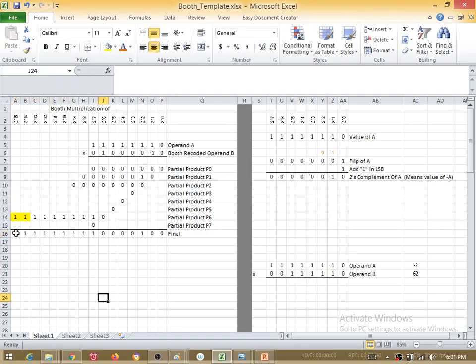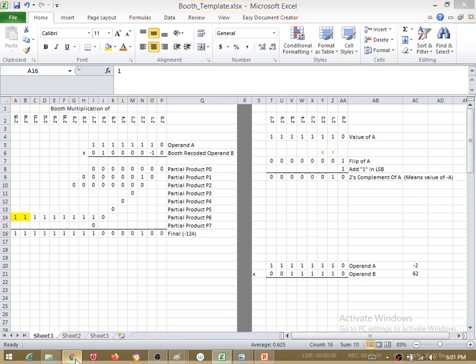Now is this final answer correct? Remember that the final answer is in which format? It is in signed 2's complement format. So if I multiply -2 with 62, it is going to give me an answer equal to -124, and this is the 16-bit signed 2's complement representation of -124.